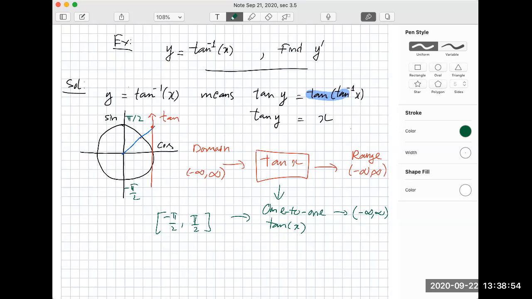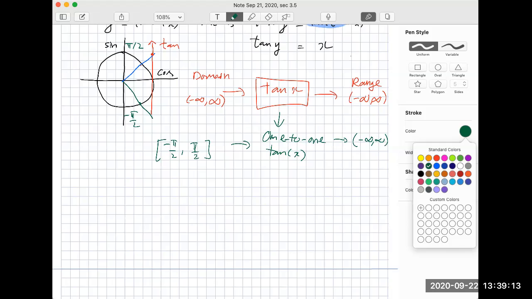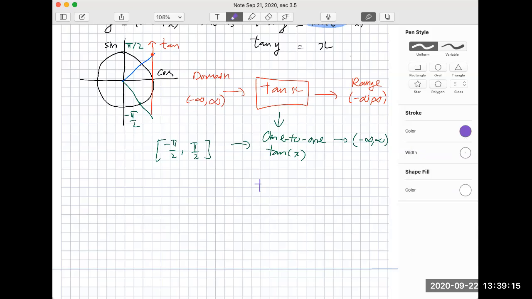For any angle between these, the tangent will be the connection between the origin and the point where it cuts the tangent axis. Therefore, for the inverse of the tangent function, the range of tan becomes the domain, from negative infinity to infinity.